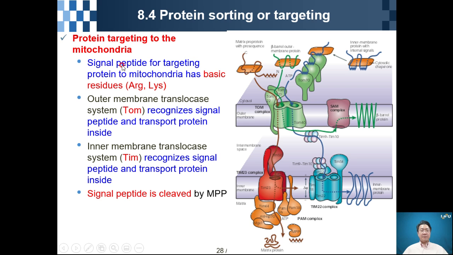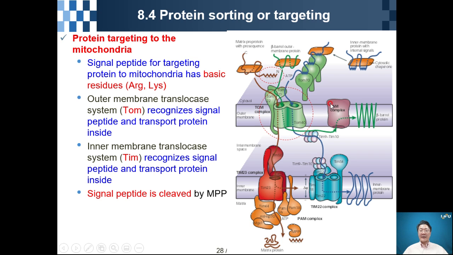The signal peptide for targeting a protein to the mitochondria has basic residues at the N-terminal region, including arginine or lysine. The signal peptide can be recognized by the outer membrane translocase system, which we call the TOM complex. The TOM complex recognizes the basic residues in the proteins, and after that transports the protein inside.